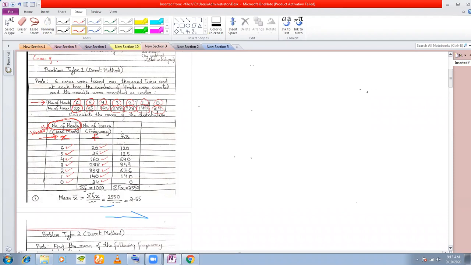Now, in order to find out the mean, the first step here is to multiply f and x column-wise. You multiply 6 and 20, this is 6 into 20, you get 120. You multiply 5 and 25 to get 125.